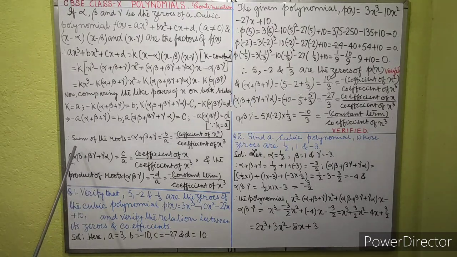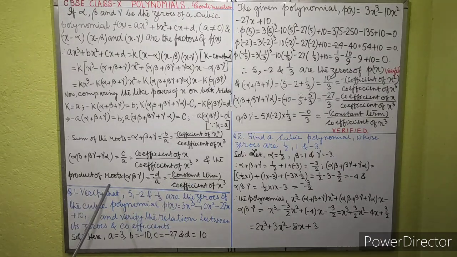Therefore, we can now write that the sum of the roots, that is alpha plus beta plus gamma, equal to minus b by a, that is minus coefficient of x square by coefficient of x cube. And alpha beta plus beta gamma plus gamma alpha equal to c by a, that is coefficient of x by coefficient of x cube.